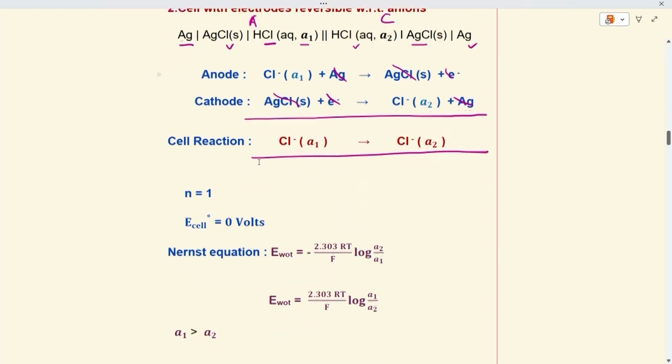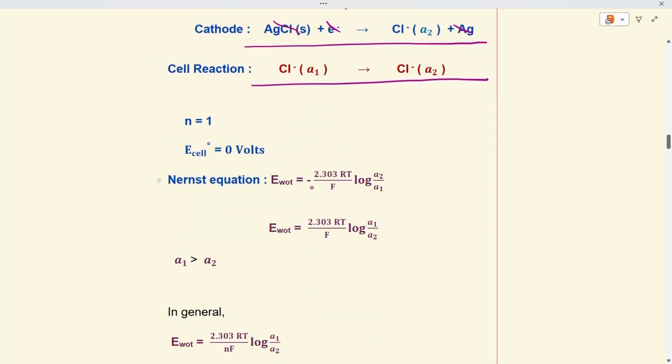Now, the number of electrons n is equal to 1, E naught is equal to 0, and the EMF without transference will be equal to minus 2.303 RT by F, because n is equal to 1, log products by reactants, A2 by A1. Now, removing that negative sign and inverting the fraction, we have 2.303 RT by F log A1 by A2. Here again, for it to be positive, A1 should be greater than A2.